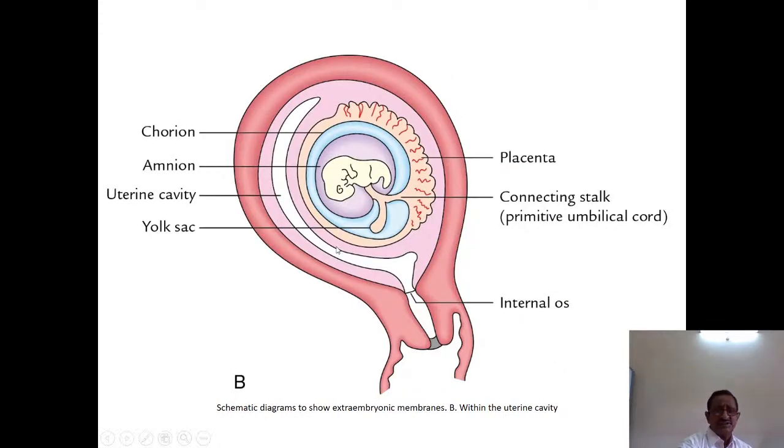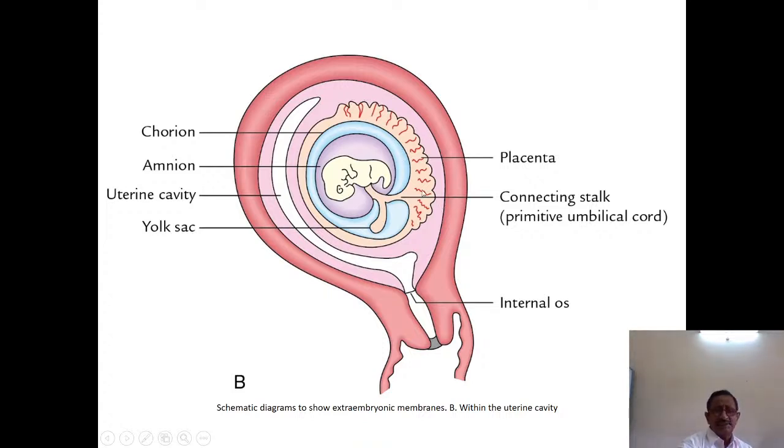So here you are seeing this is the amniotic layer and this is the chorionic layer, and both are coming very close to each other, and then they are present in the uterine cavity, and the placenta is adherent to the endometrium.